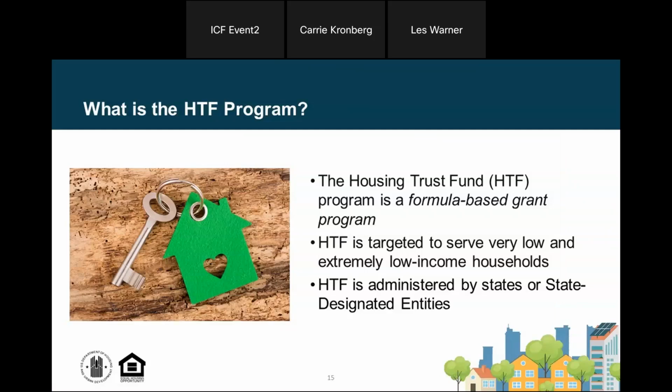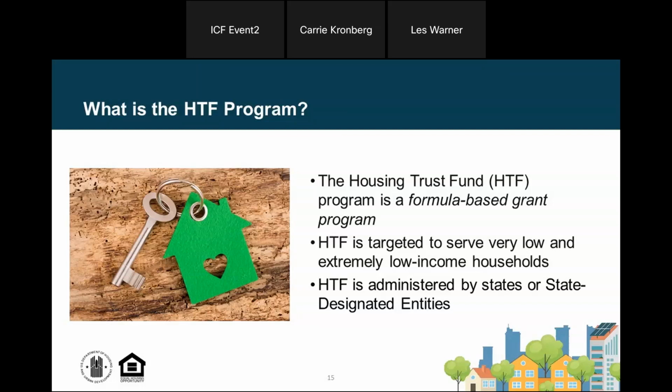In this section, we're going to provide some basic knowledge of the Housing Trust Fund program, calling attention to those requirements that we need to make sure OZ investors are aware of.